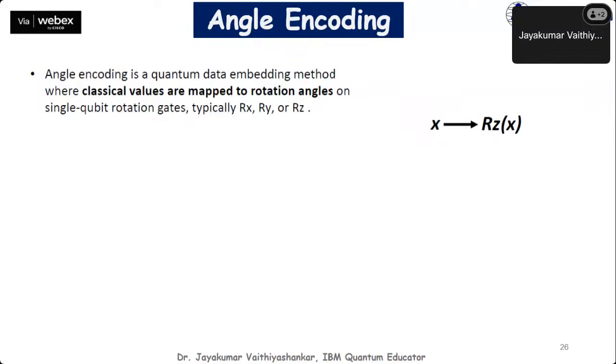Then you can apply an RZ gate in order to get the quantum superposition state. This is an example, and this is the matrix form. Before doing any operation on a quantum circuit, mathematically you need to know what operation you are about to do.